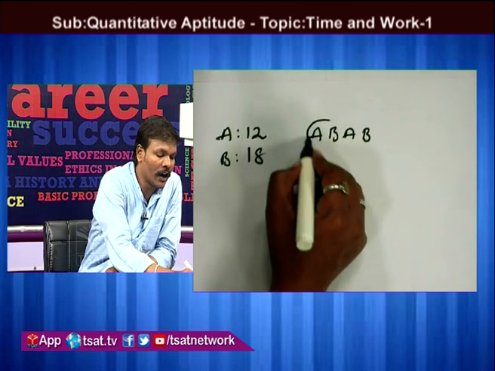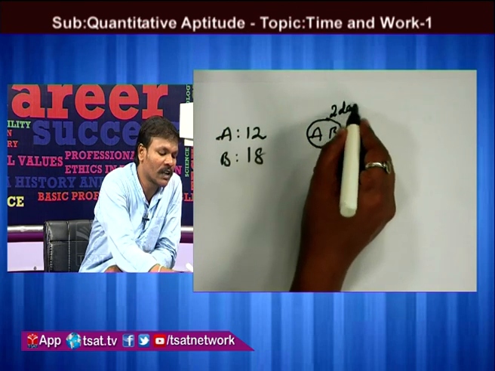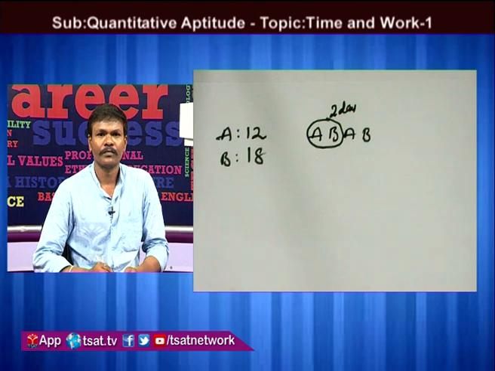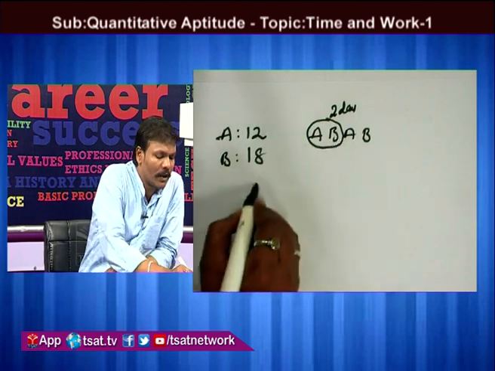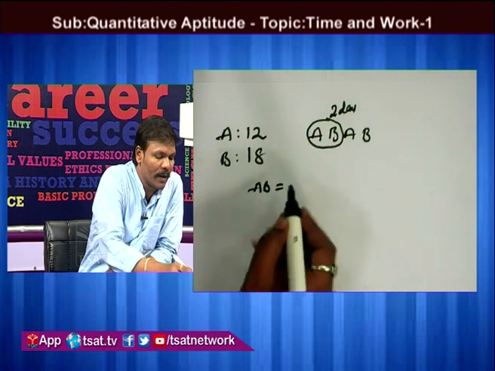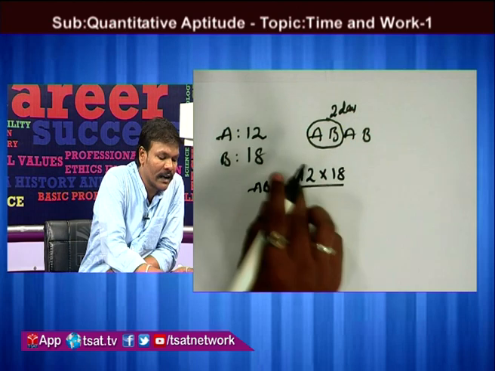Alternate working days means for A, B working together, it takes 2 days each. Then the work will be completed in how many days? In how many days can A, B complete the work? A, B means 12 into 18 multiplication by addition.